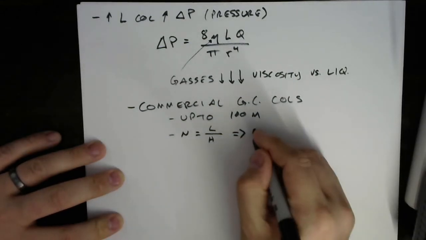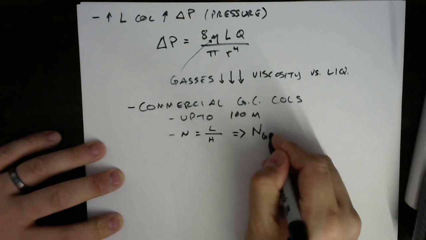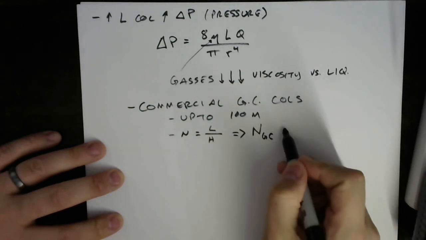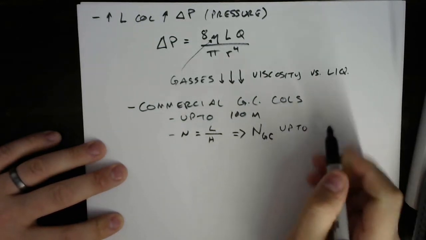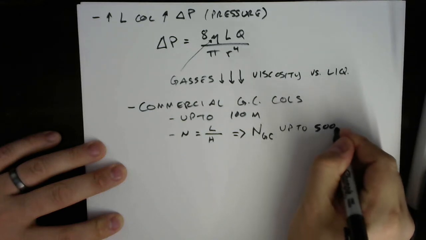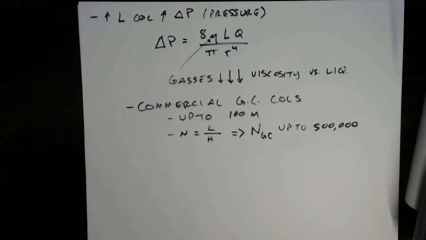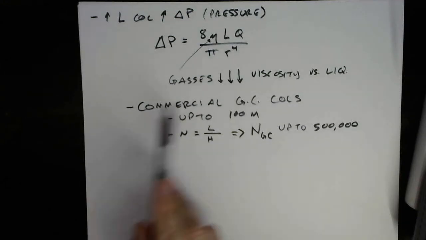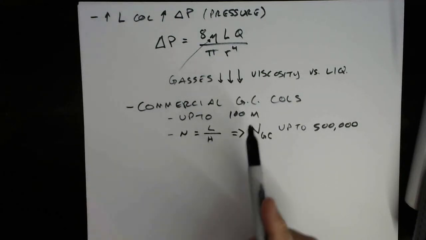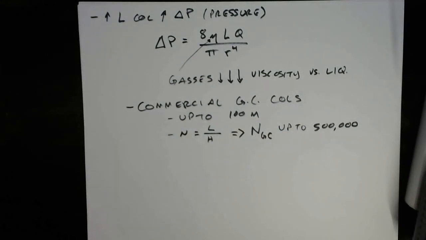And I'll tell you that achievable theoretical plates in GC can be up to 500,000. We're talking about 1 to 2 orders of magnitude greater than what we see in typical LC separations. So huge benefits here by going to really long columns, and you can do it because gases have this lower viscosity and therefore a lower price tag in terms of pressure to get up to these long column lengths.